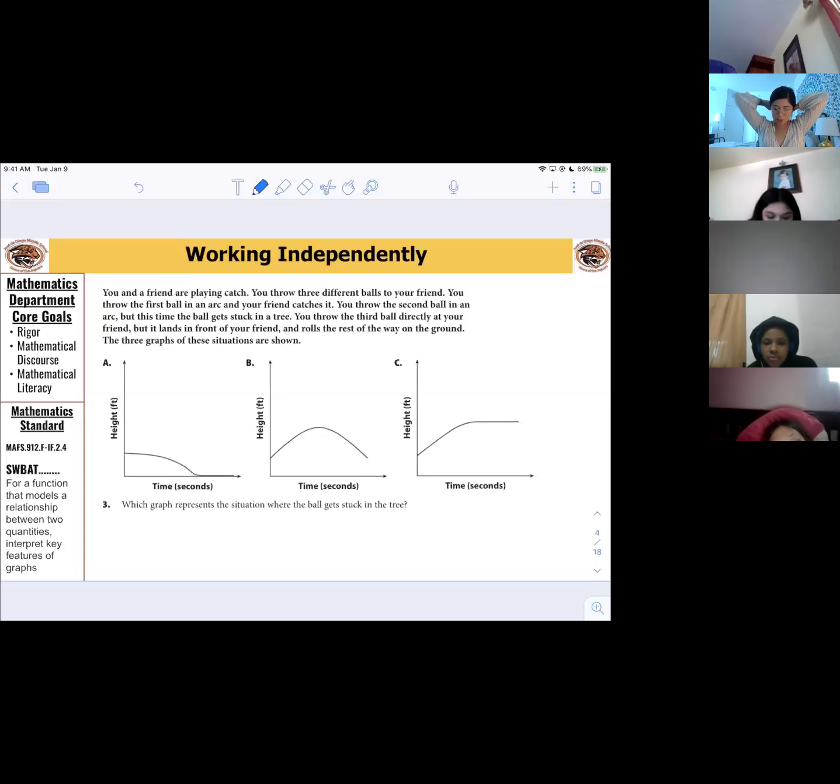Perfect. All right. So what you guys have to figure out now is which of these represents ball number 1, which of them is ball number 2, and which of them is ball number 3. So I want you guys to think about it for 2 minutes. You can send me your answers, but then we'll go through it together. Okay, send me your answers.